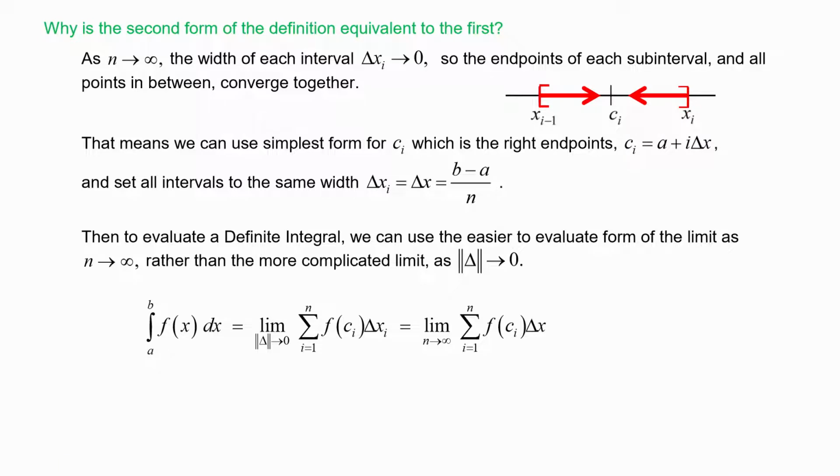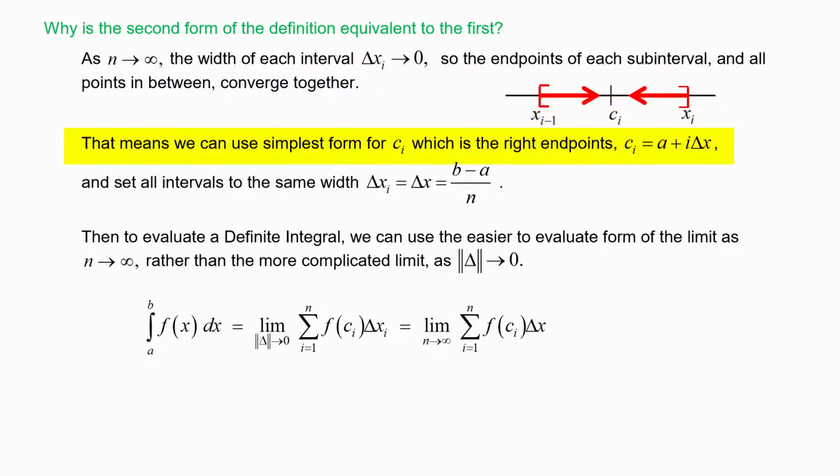So in your notes here, I put a summary for you for why the second form of the definition is equivalent to the first. Just to briefly summarize: as n goes to infinity, the width of each interval, delta x sub i, goes to 0. So the endpoints of each subinterval and all points in between will converge together.